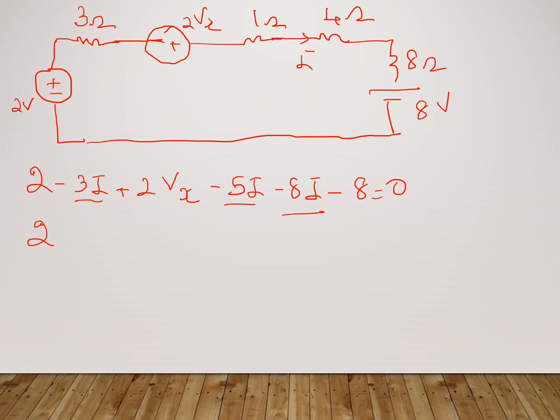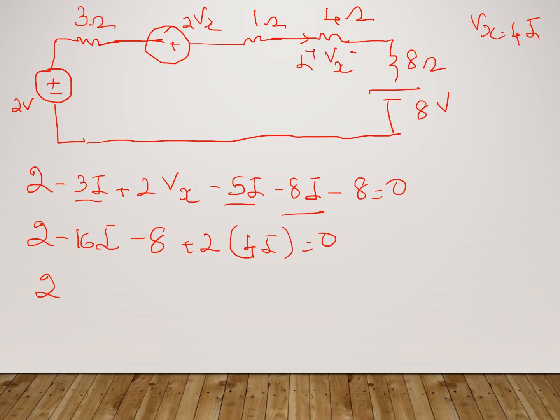This makes it minus 16I, then minus 8 plus 2 into Vx. Now what is Vx? Vx is equal to nothing but 4 into I, right? So substituting that, 2 into 4I is equal to 0.